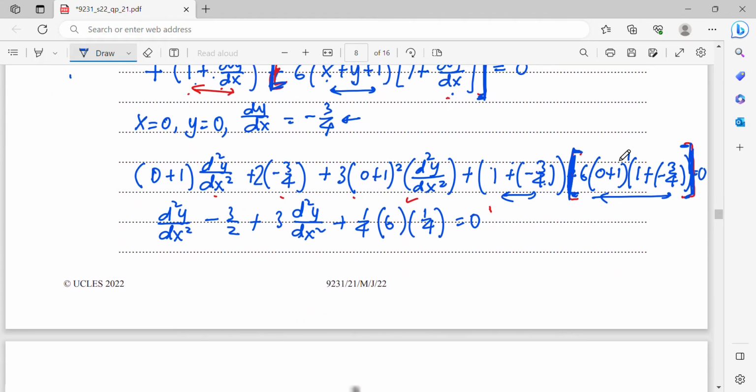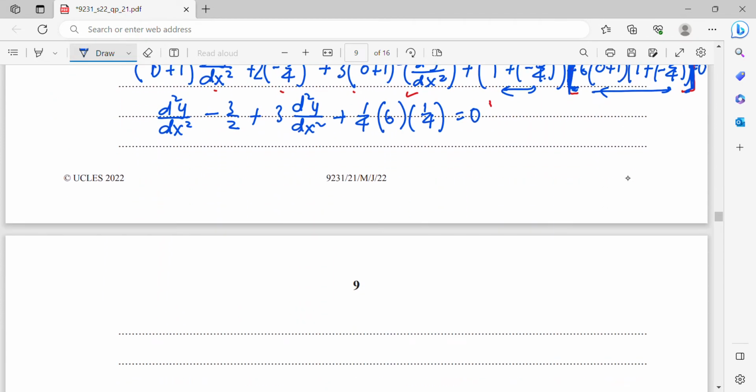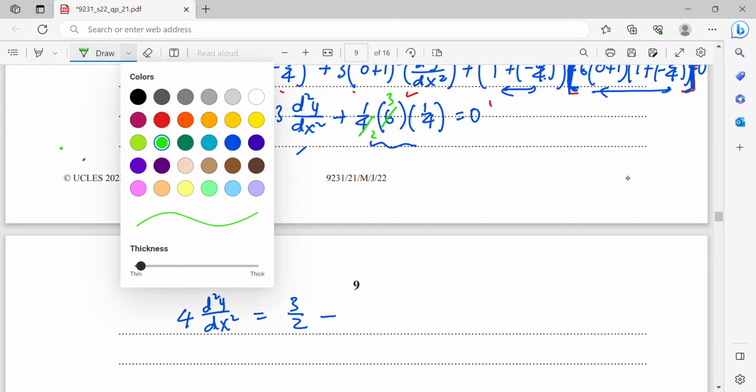Alright, so now from here, I need to get the d squared y value. So combine these two, it will be 4 d squared y over dx squared. So when you simplify, it will be 3 over 2. This whole term you move to the other side, okay, I simplify first. So here is 3, here is 2. So it means that 3 over 8.